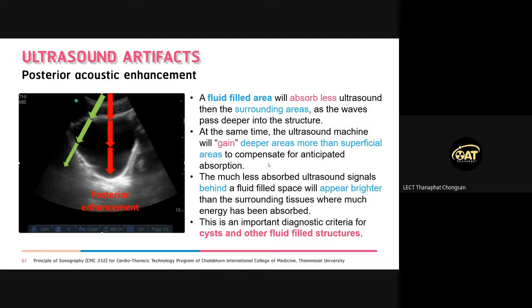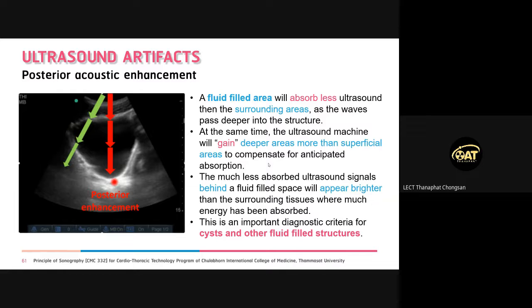Okay. The next artifact is posterior acoustic enhancement. Enhancement means increasing gain, or increasing brightness. We see this artifact when ultrasound moves from low density, such as a cyst or fluid-filled object, to higher density matter such as liver or spleen.